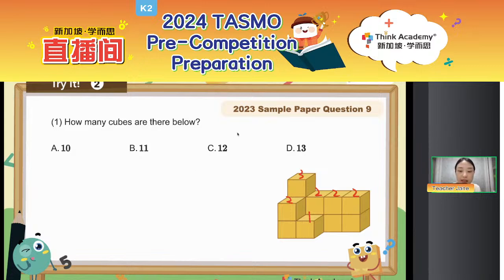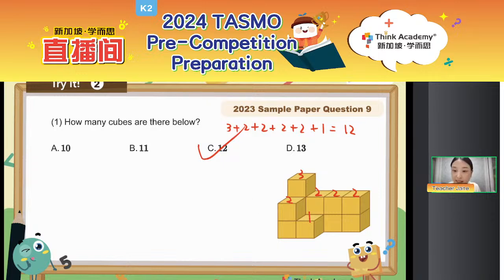So everyone, this time, let's calculate together. 3 plus 2 plus 2 plus 2. How many 2's? 4 2's, right? And then plus 1, we can get the final answer here. Okay, good job, everyone. I can already see your answers in the chat box. We can see there are 12 boxes in total.